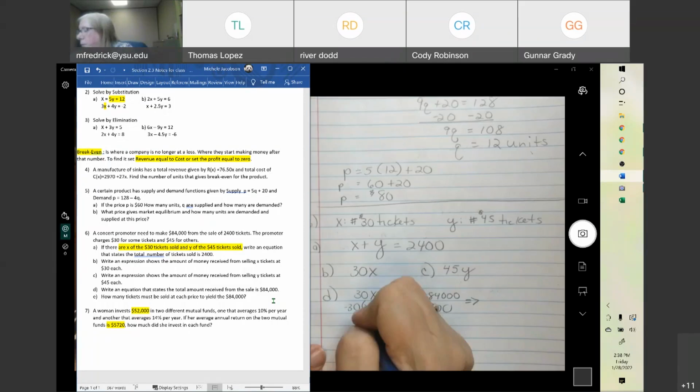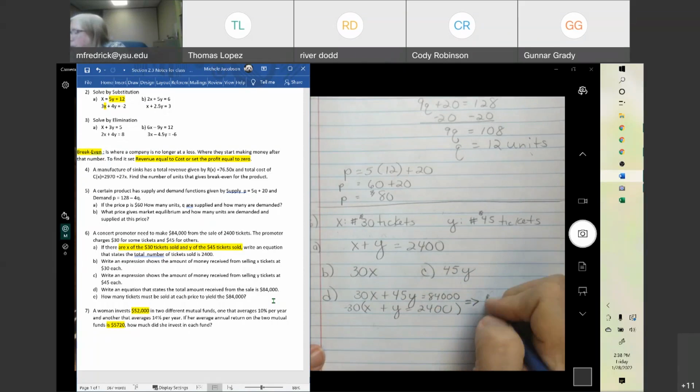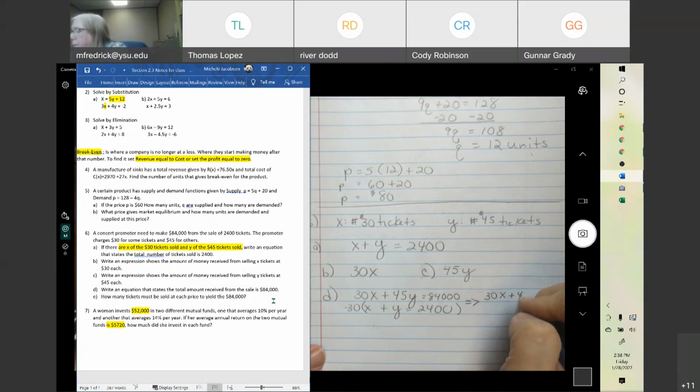You have to remember that you have to multiply everything by that. So the top will stay the same. Now you could have also multiplied by a negative 45 and the y's would drop out.